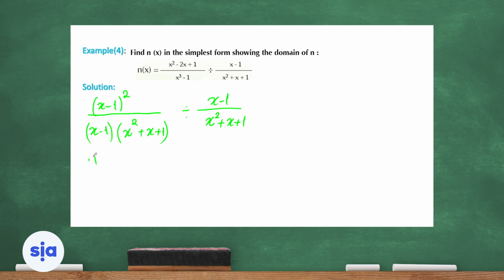The domain in this case, before we simplify, is all real numbers except, yes, except 1.